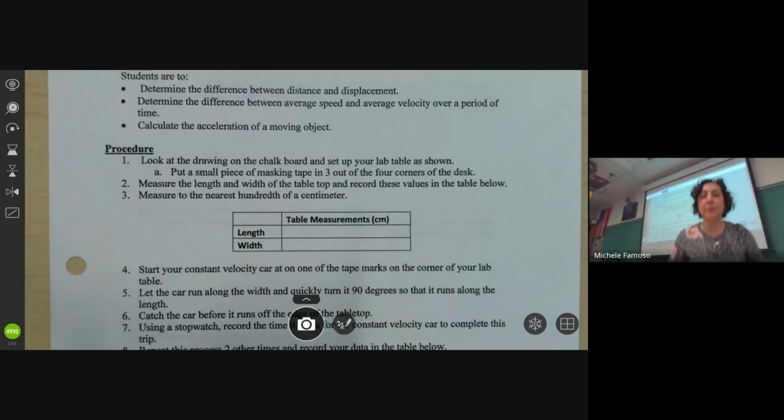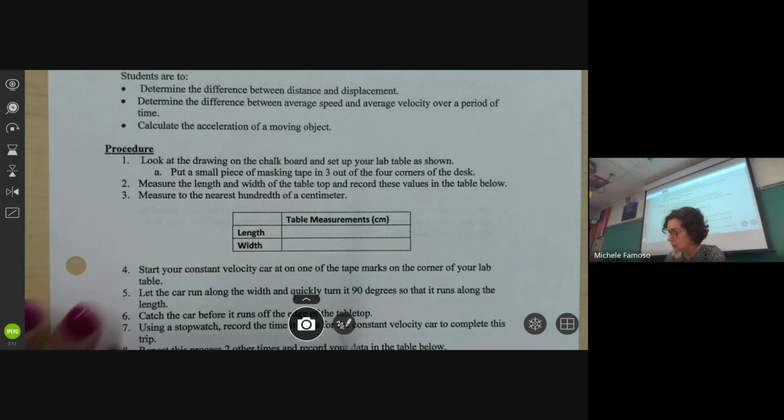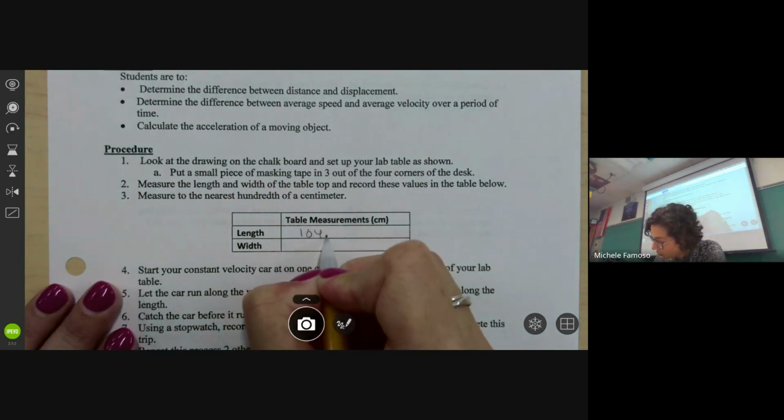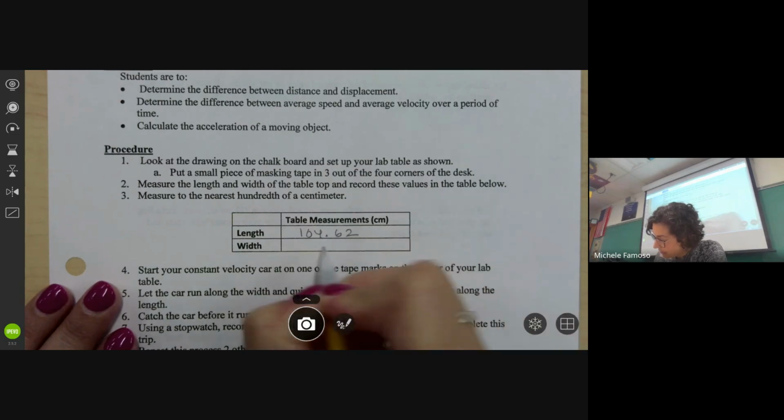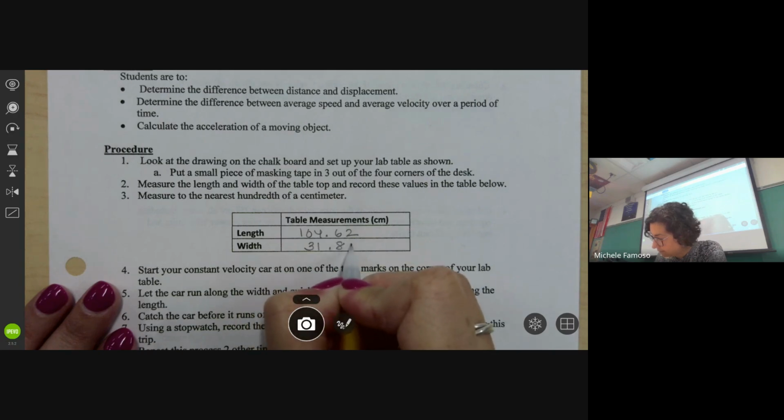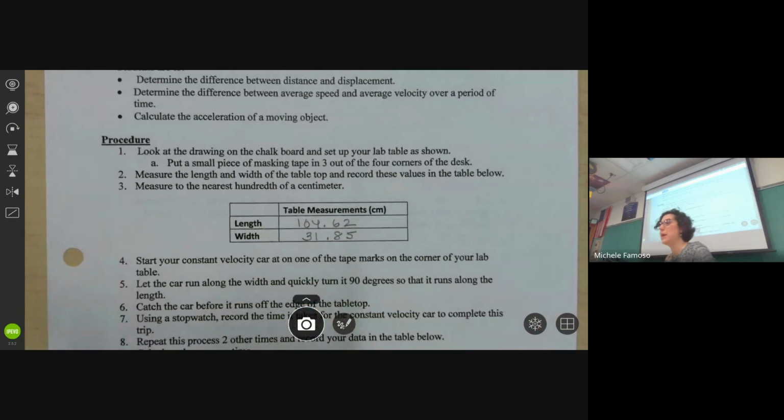So I'm going to make up some numbers. It's like something like 104.62 and maybe 31.85. I don't know. Just making up numbers.